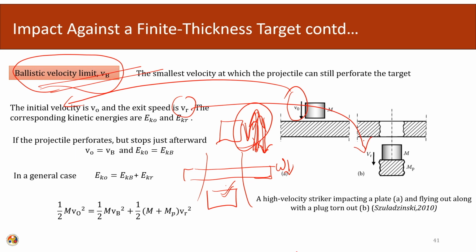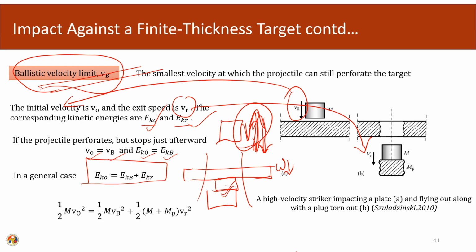The corresponding kinetic energies are defined as Ek naught and Ek R, the initial one and the final one. If the projectile perforates but stops just after the perforation occurs, then the initial velocity equals VB and Ek naught equals Ekb. In that case, my total energy sum is this one.